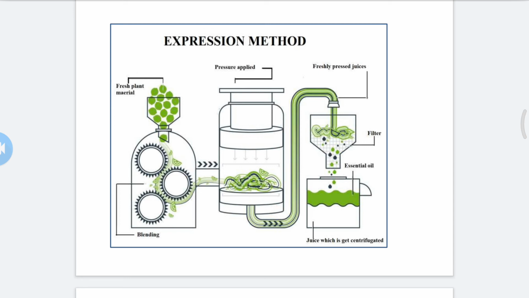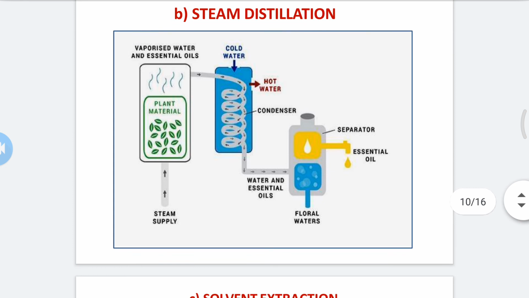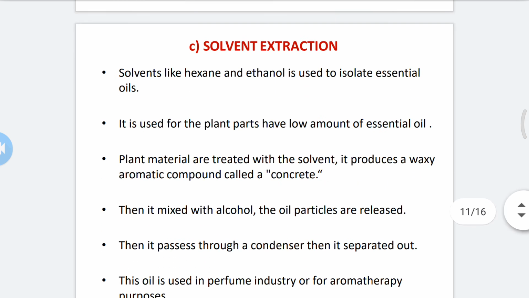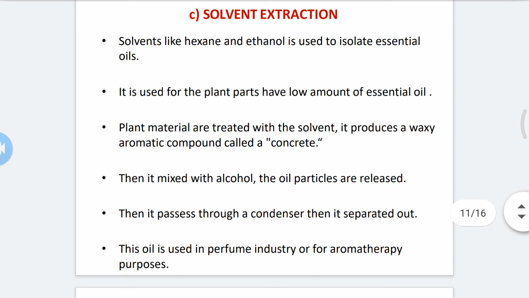This is the expression method. The next method is distillation, as in this figure, used for preparation of essential oil terpenoids.